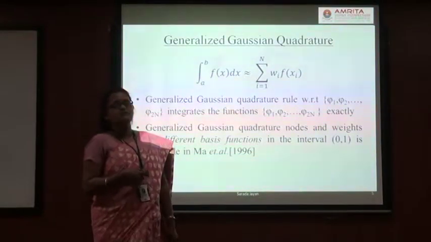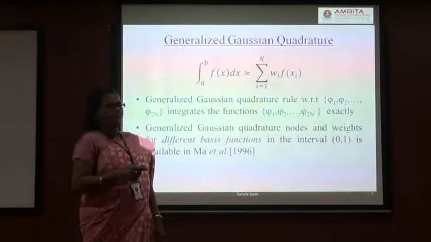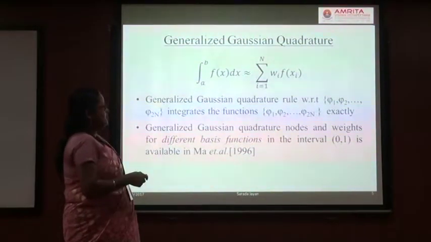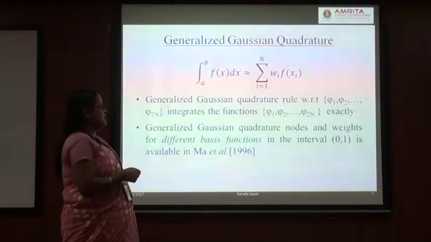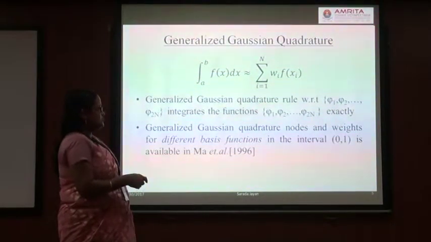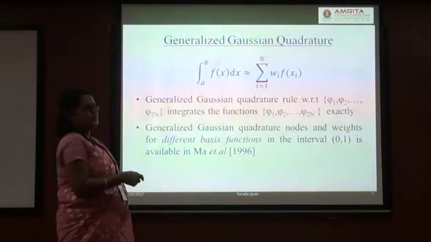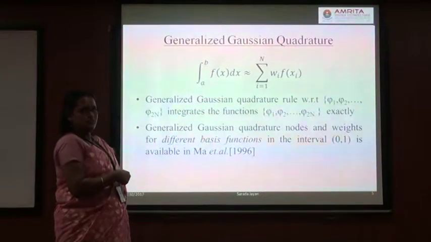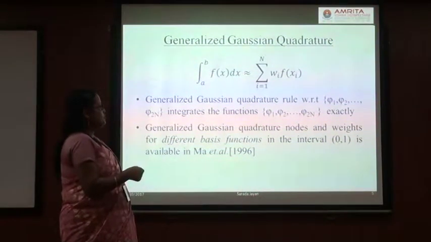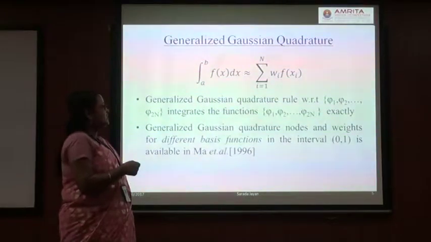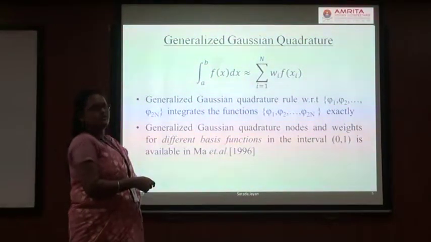Now coming to what is meant by generalized Gaussian quadrature rules. The same integration formula we call a generalized quadrature rule with respect to a set of 2n functions, phi 1, phi 2, up to phi 2n, if this quadrature rule exactly gives the integral value for that set of functions.